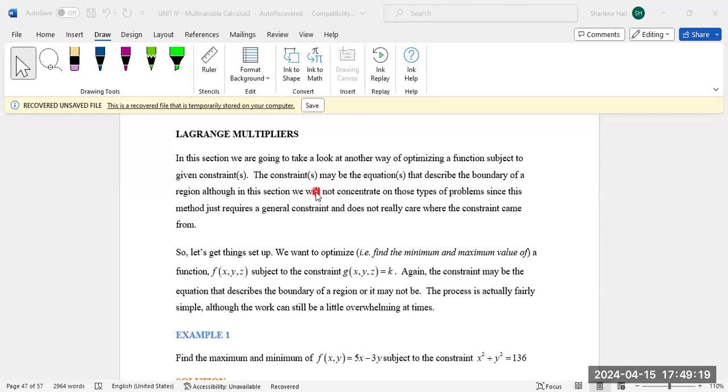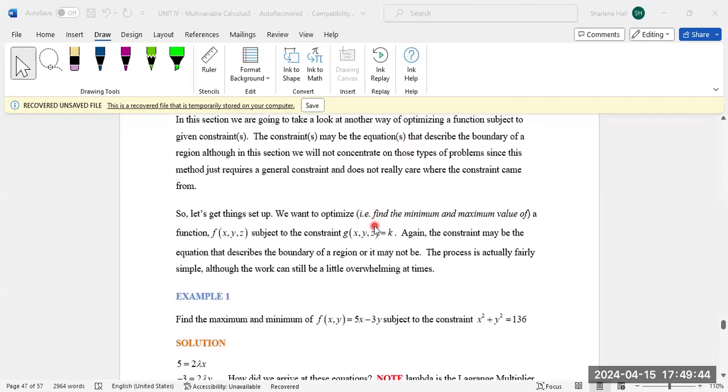But this one is going to be subject to a given constraint or constraints, right? The constraint or constraints may be the equation or equations that describe the boundary of a region. Although in this section, we will not concentrate on those types of problems, since the method just requires a general constraint and does not really care where the constraints came from.